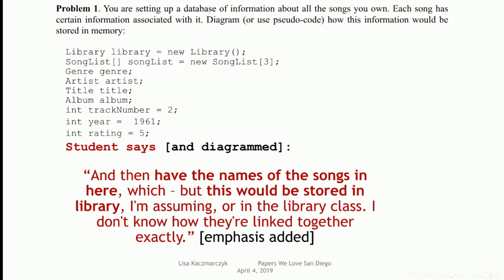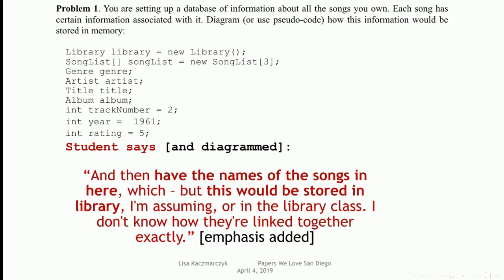Somebody want to volunteer what they see, and I'll repeat it into the mic so that we can record it for posterity. What's the problem the student's having? Yeah. When somebody sees new library, they think this is a good collection of something, but it doesn't necessarily represent how it's being used here. So the statement was that a student sees the library and they assume it's a collection of something.